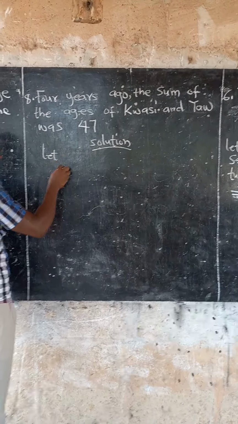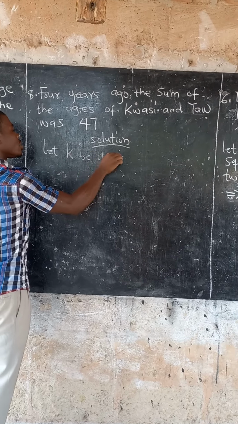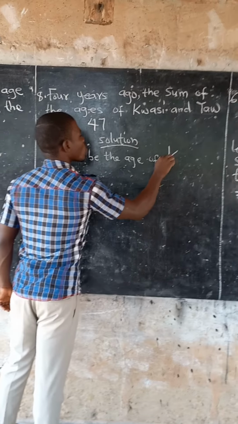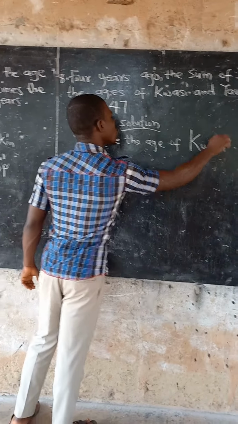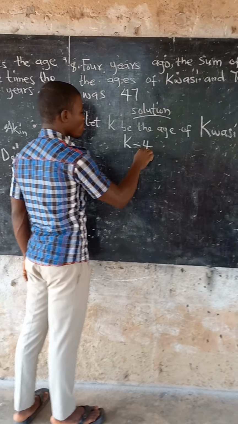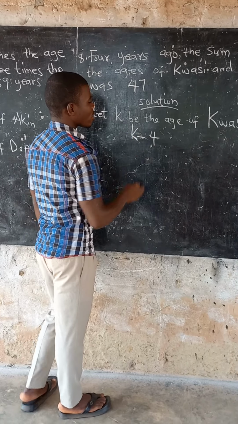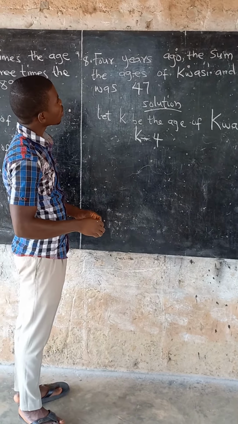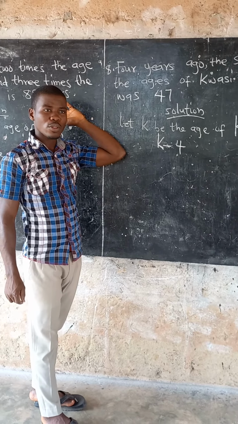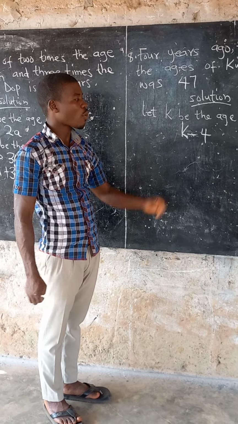So let K be the age of Kwesi. So it is going to give us K minus 4, yes, because it was 4 years ago. But we want to know the current year. So you have to subtract 4 from what?